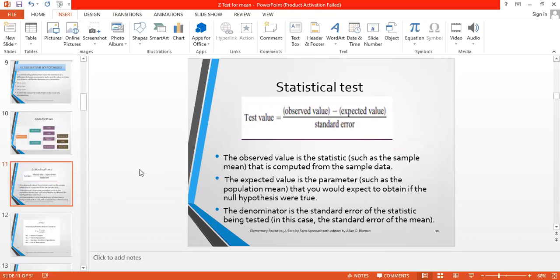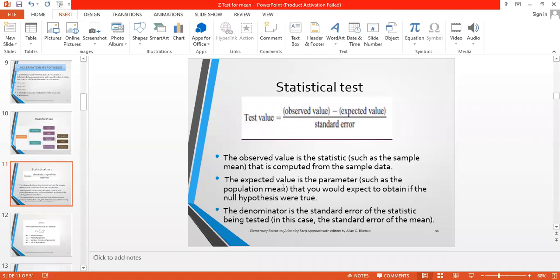This is the general formula which we apply on every statistical test. It is written as observed value minus expected value, divided by the standard error. Now we see what these words stand for. The observed value is the statistic, such as the sample mean, that is computed from the sample data.